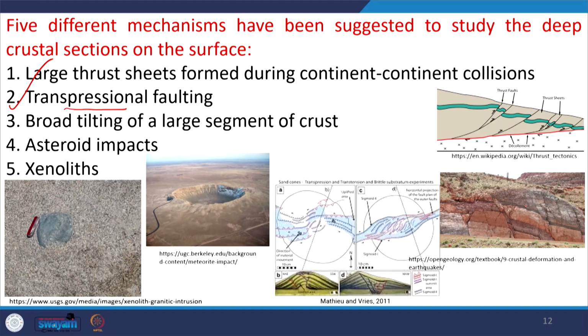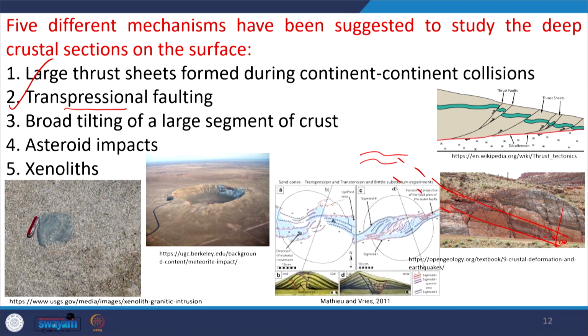Due to tilting, the rocks of lower formation are exposed near to the surface. If you see here, these rocks are tilted, and once formed in the lower stratigraphic horizon, they are exposed. If I project it, somewhere here they will be exposed to the surface.